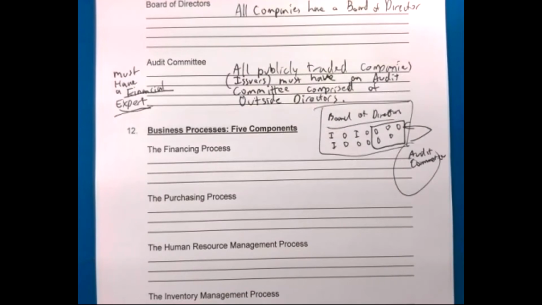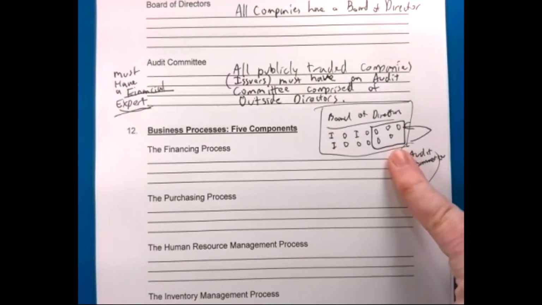They do not have to be a CPA, but they have to be knowledgeable about financial statements. It sounds odd, but there are a lot of people on the board of directors who may have no idea of how financial statements are made, or even, as far as reading them. They're there for other reasons.